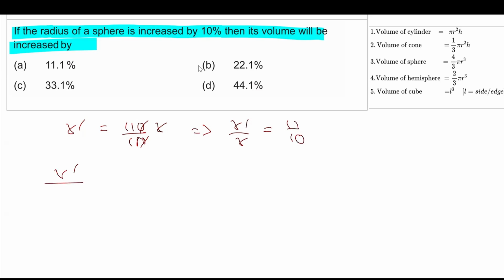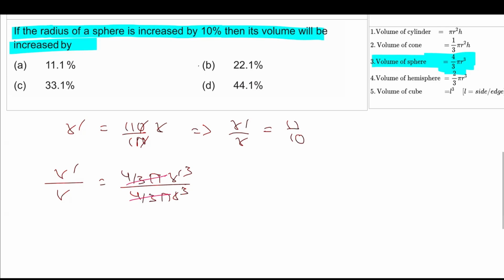Now check here, we have to get the ratio of their volume. So if I take v dash as new and v as the original, and apply the formula for the volume of sphere as 4 over 3 pi r cube, it's going to give you 4 over 3 pi r dash cube divided by 4 over 3 pi r cube. Yes, we can reduce it. This gets cancelled.